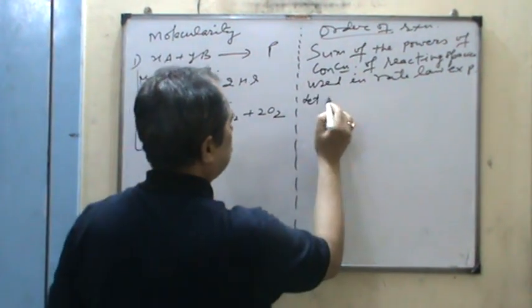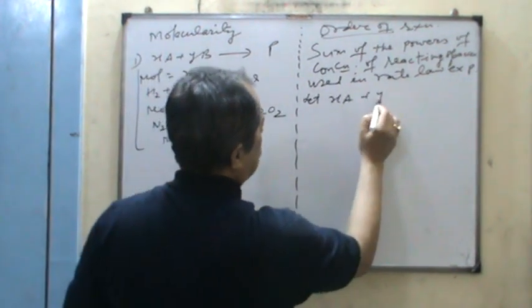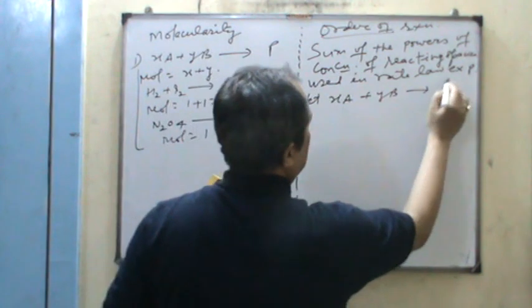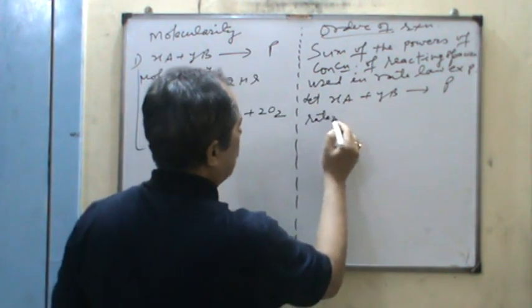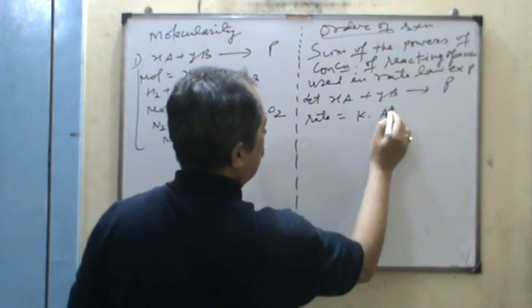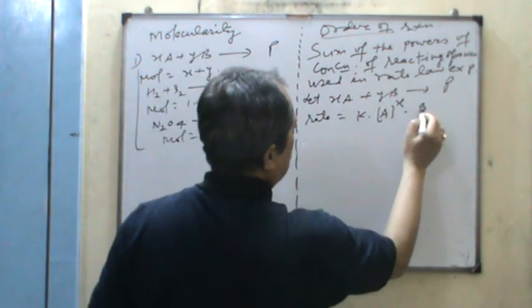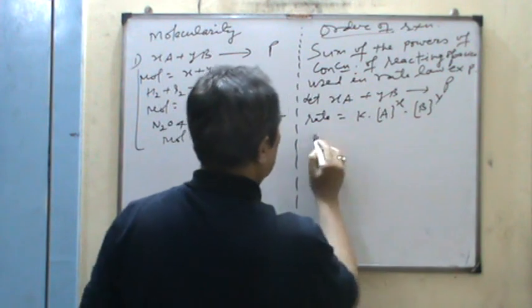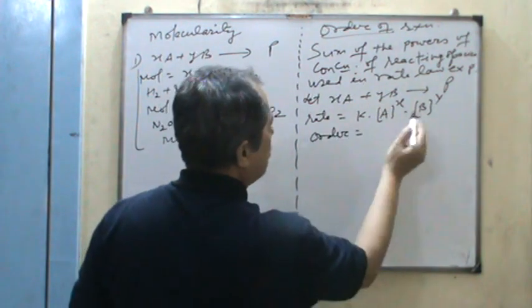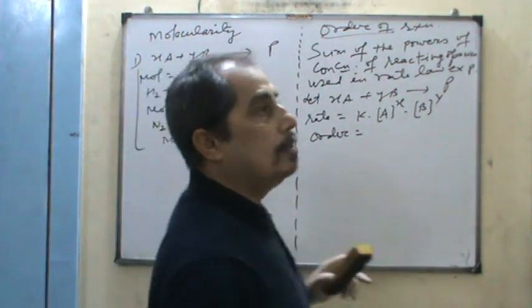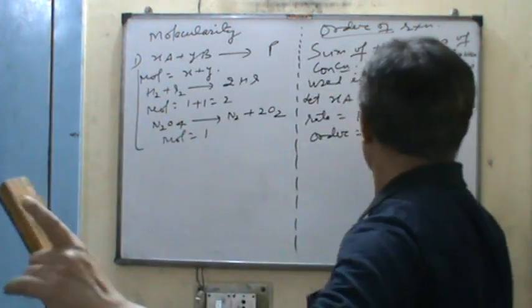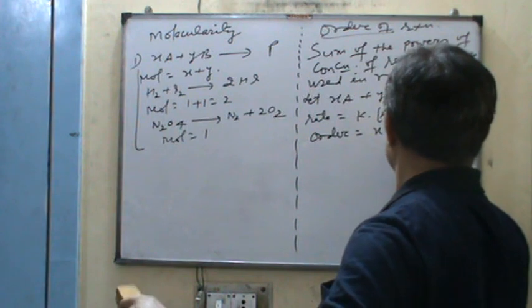Let xA plus yB give the product. According to rate law, rate is equal to K into [A] to the power x into [B] to the power y. So what is the order of reaction? Sum of the powers of the concentration. So my dear students, the order of the reaction here is x plus y.